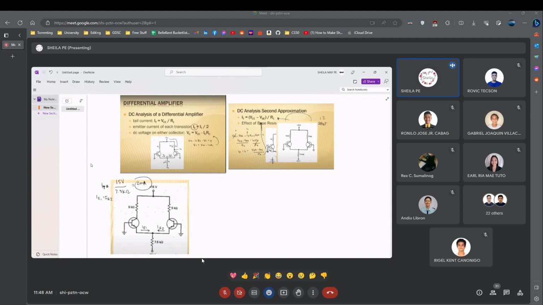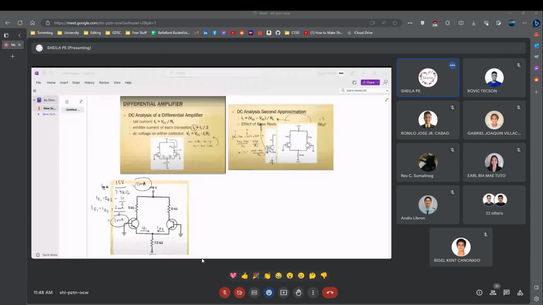They are matched. Since IE1 and IE2 are equal, it's just IT divided by 2, same as I explained earlier. So IE1 and IE2 are 2 milliamperes divided by 2, that's 1 milliampere.